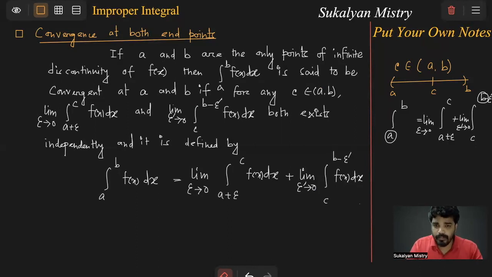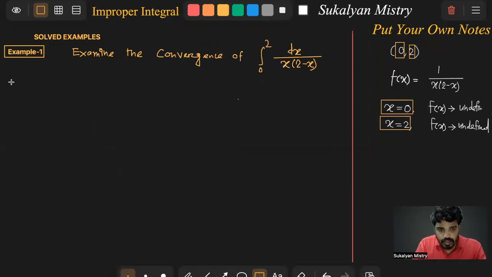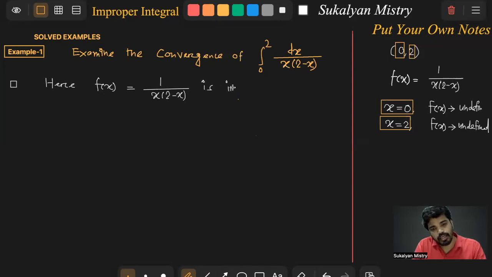So the answer: here the integrand f(x), that is 1 divided by x into 2 minus x, is infinite at x is equal to 0 and at x is equal to 2 in the interval.